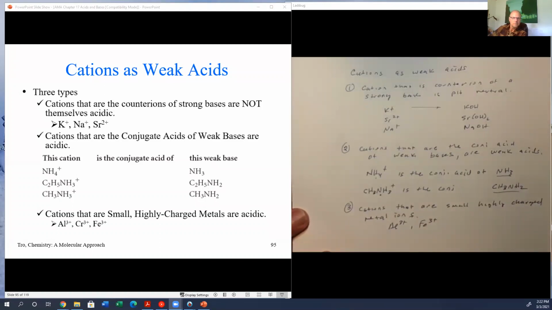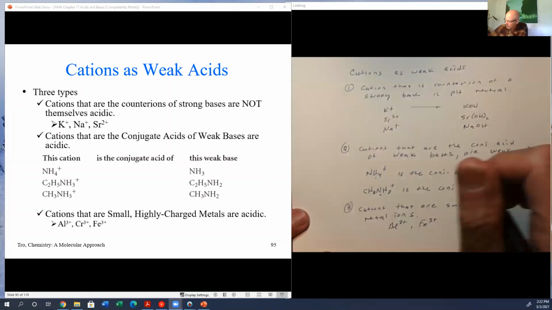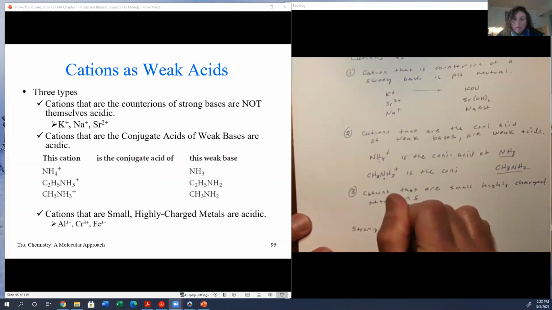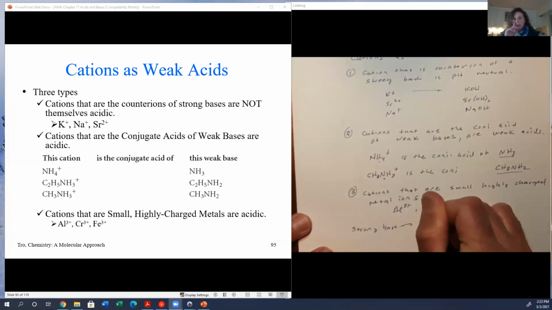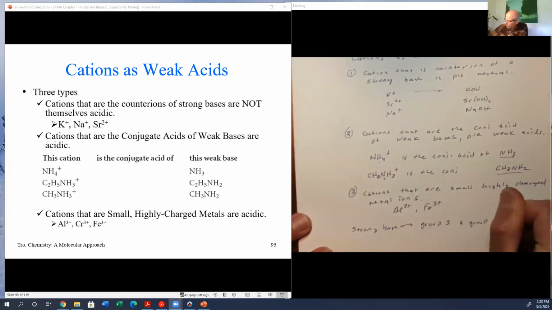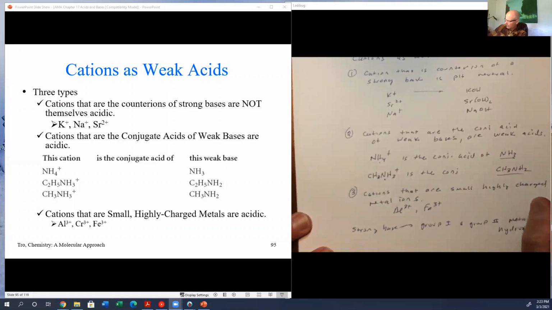Emily: Could we go over one more time how we identify a strong base? Were we given a list for that? Yes. Strong bases are group 1 and group 2 metal hydroxides.